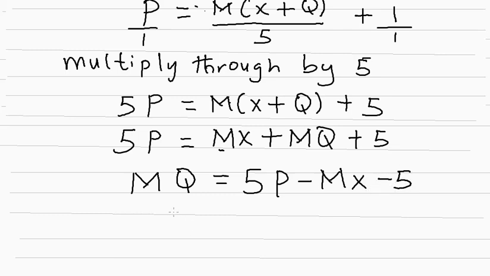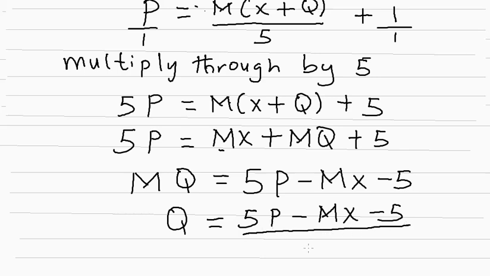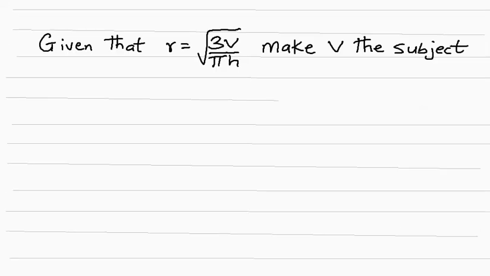So as a matter of fact, my q now is going to be equal to 5p minus mx minus 5, then of course divided by m. All right, so that is the answer. Then we proceed.